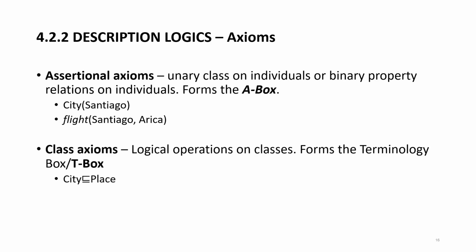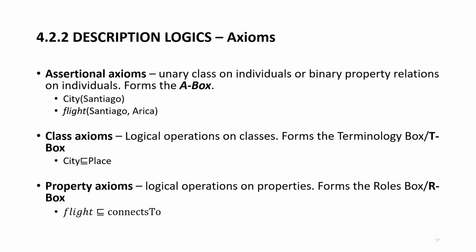We also have the class axioms, which are logical operations on classes. They form the terminology box, or T-box. An example would be that cities are subclasses of place. And finally, we have the property axioms, which are logical operations on properties. They form the role box, or R-box, and as an example, flights are sub-properties of connects to.